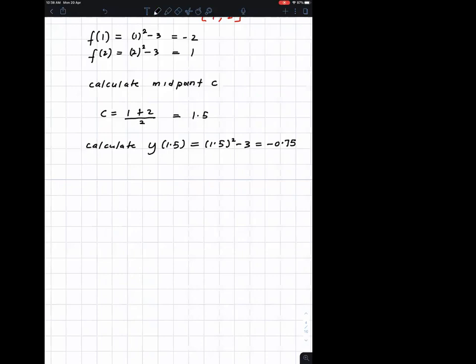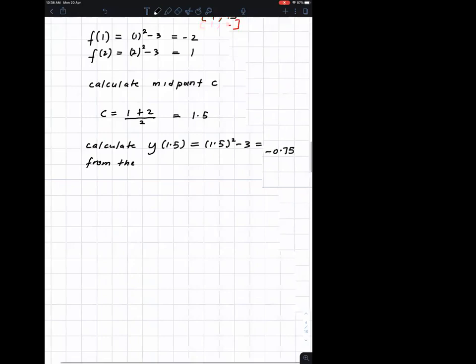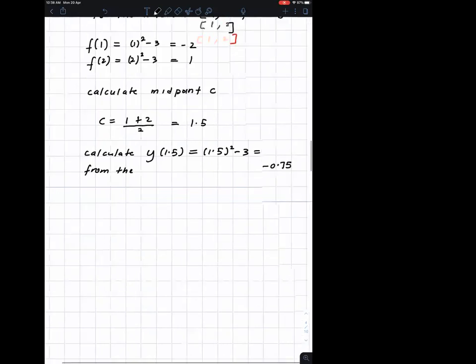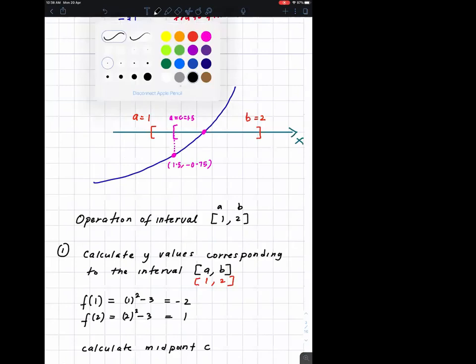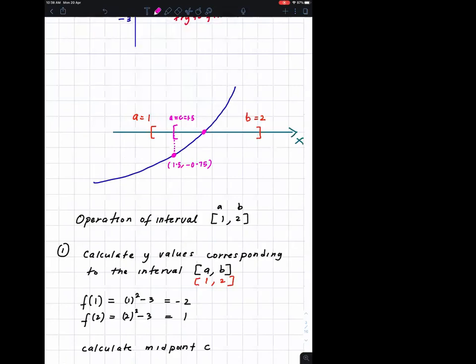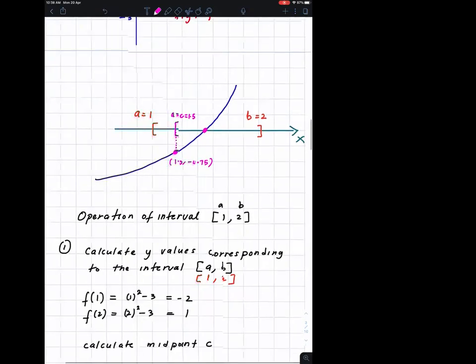So from the graph, from the curve, I call this point 1, just for your reference.